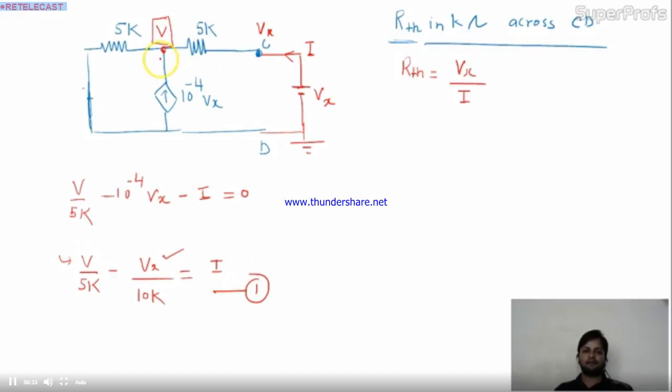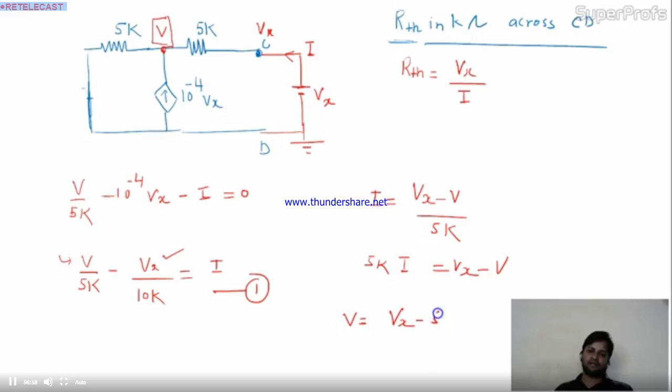So what is the relation? Yes, this I is nothing but Vx minus V divided by 5k. Is it okay? I have to replace V. So here 5k into I equal to Vx minus V. This V is nothing but Vx minus 5kI.